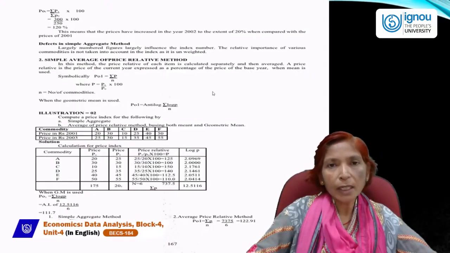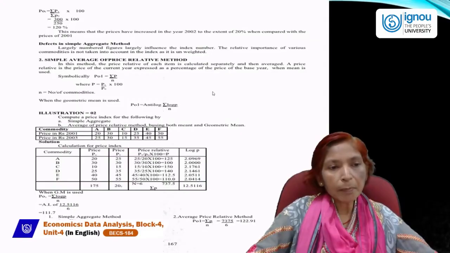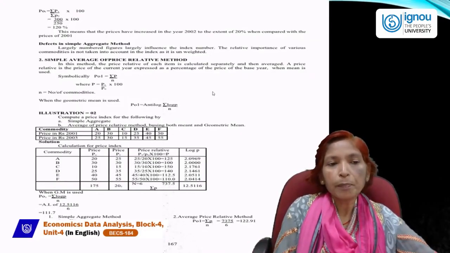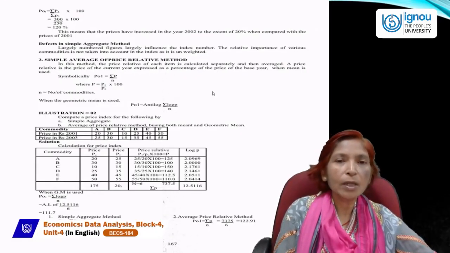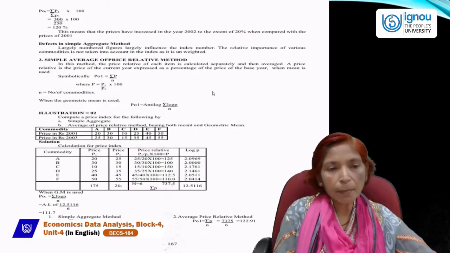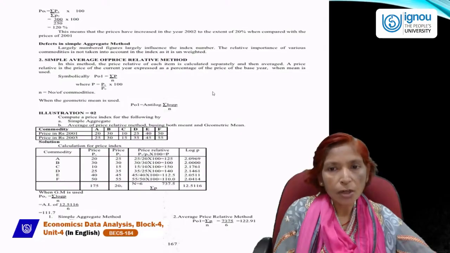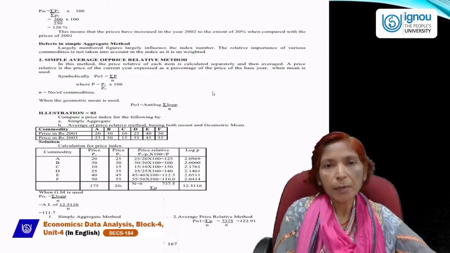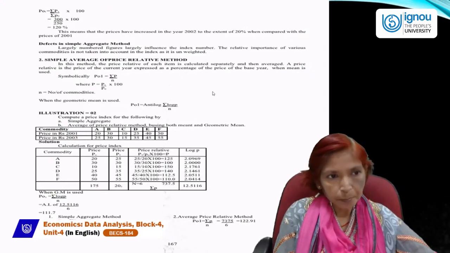Here P01 denotes the index number, and the simple index number is P1 upon P0 into 100. Here P1 is the current year price and P0 is the base year price, multiplied by 100, because we are estimating the relative change or percentage change in price between the current time period and the base time period.